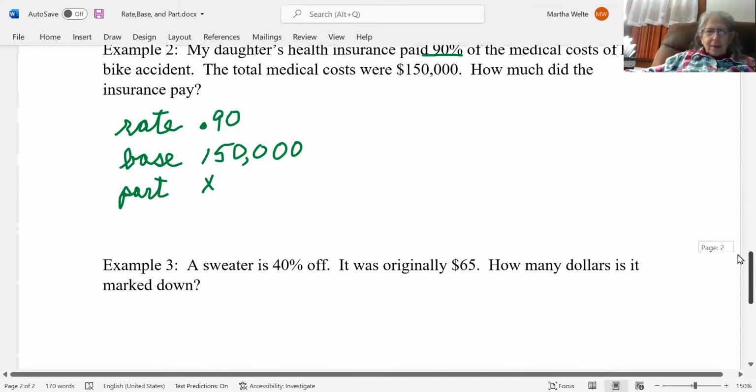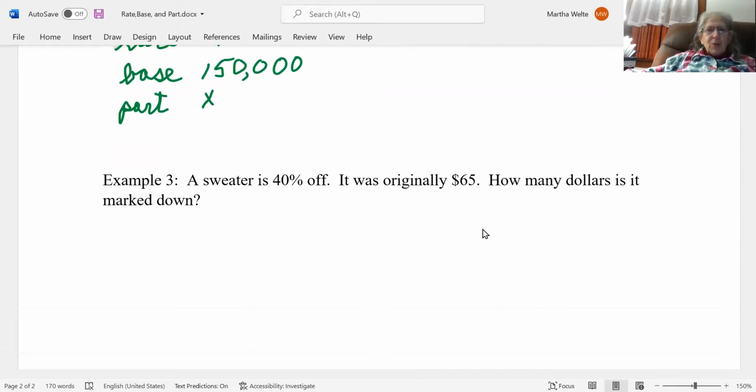Okay, example 3. A sweater is 40% off. 40% off what? It was originally $65. How many dollars is it marked down? Well, okay, got a rate. That's easy. That's 0.40. But it's 40% off the original price.